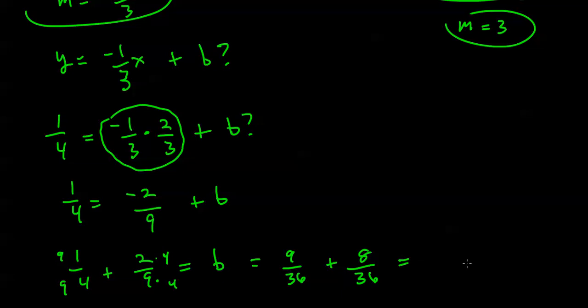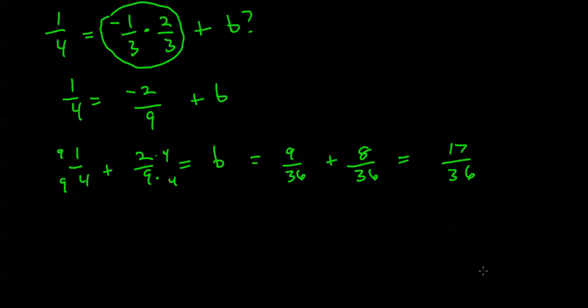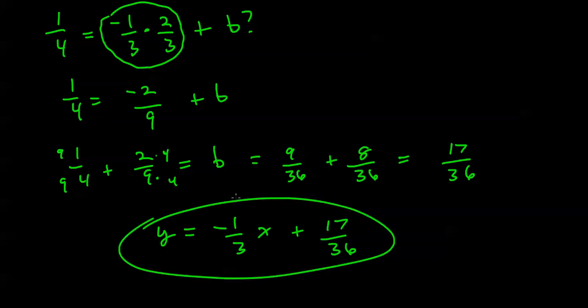Now that I've got a common denominator, I can add the numerators as indicated and keep that common denominator. So then my final answer is going to be y equals minus 1/3 x plus 17/36. The slope is minus 1/3, and the y-intercept turned out to be 17/36.